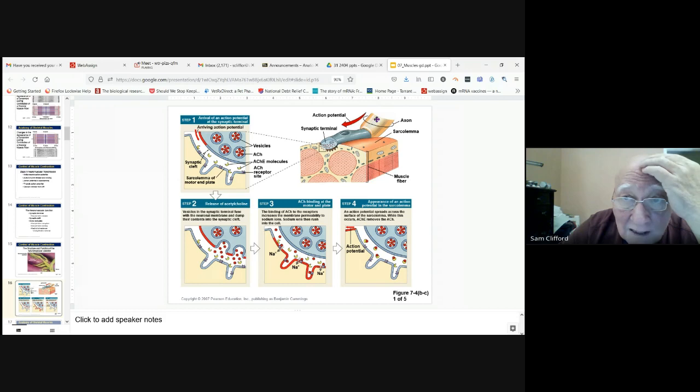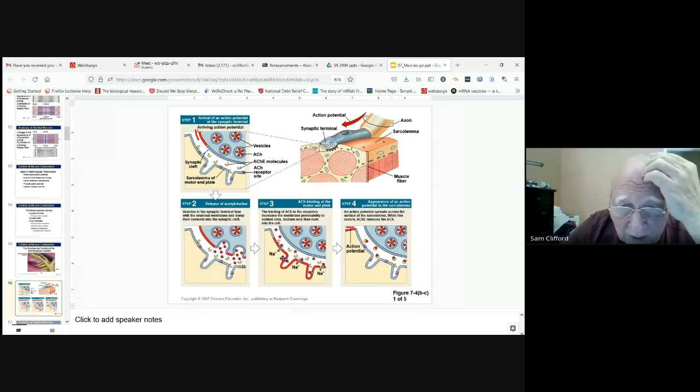When the action potential or nerve impulse comes from the spinal cord and terminates in the synaptic terminal, these vesicles are going to merge with the membranes of the axon terminals or synaptic terminals, release acetylcholine.